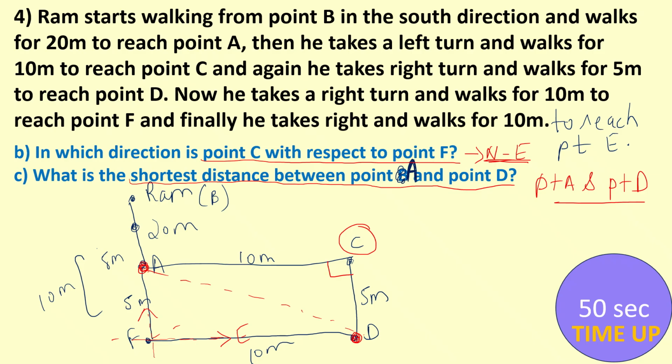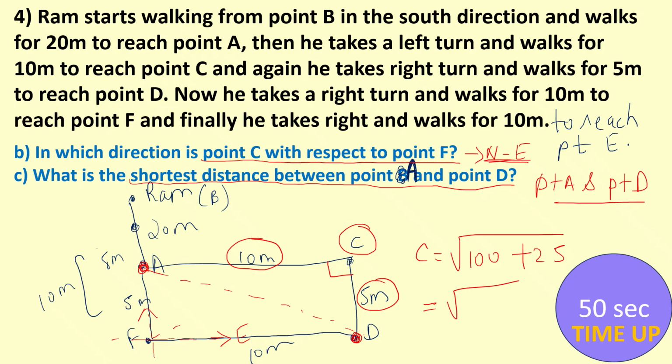So you'll apply the Pythagoras theorem. C is root of, this is your 10 square, which is 100, and then you will have here 5 square, that is 25. So it will be root of 125. This should be your answer. Root of 125 is the shortest distance between point A and point D.